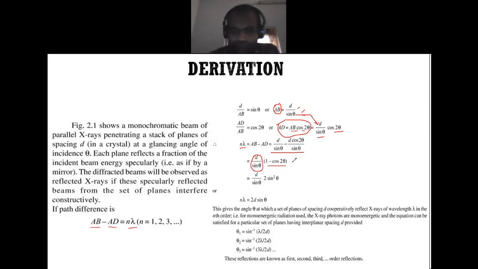So twice sine square theta by sine theta, the sine theta will get cancelled. The result which will be available for us will be twice d sine theta. So AB minus AD, which is n lambda, is equal to twice d sine theta, which we have just calculated from trigonometry.